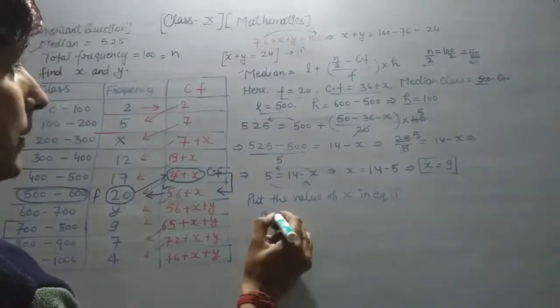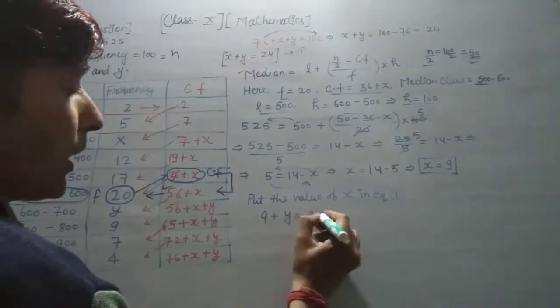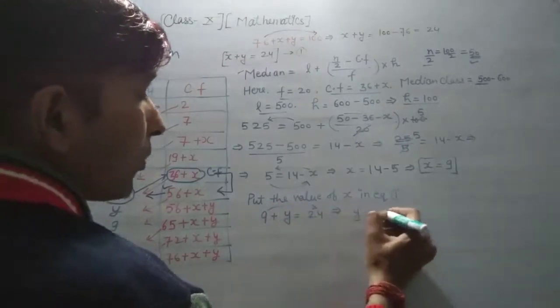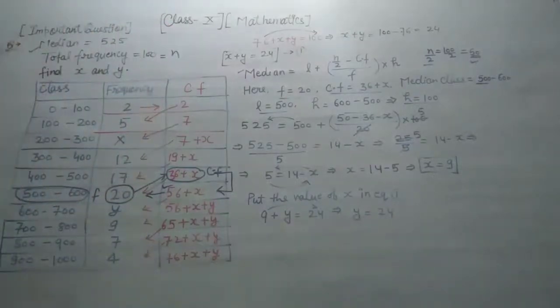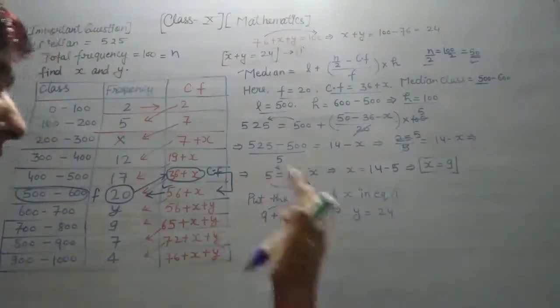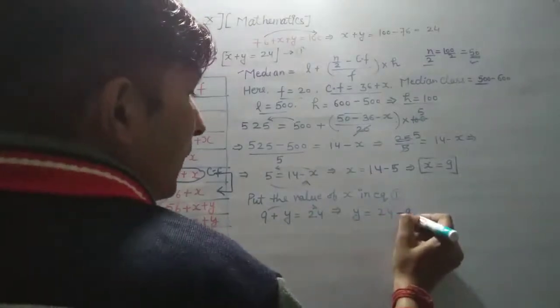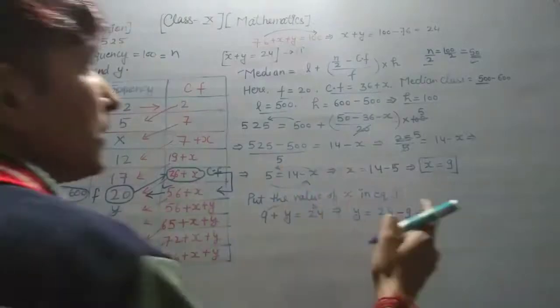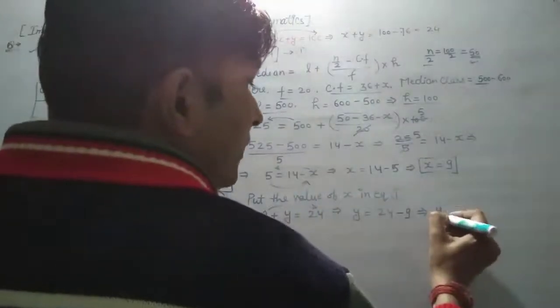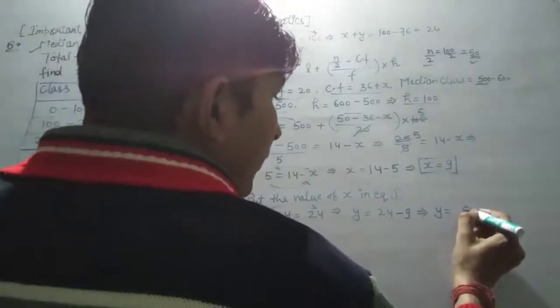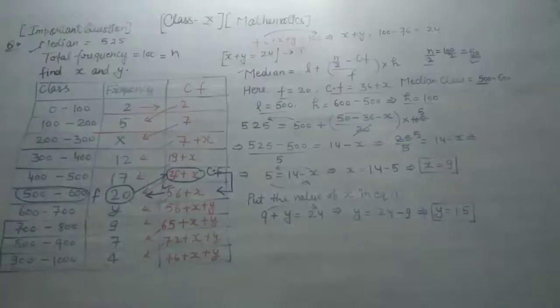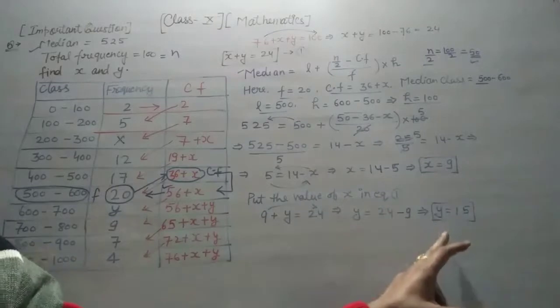So 9 plus y is equal to 24, and this value going there, and then y is equal to 24, this value is in the form of plus, so this value going there, that is converted into minus, so 24 minus 9, how much value you have? So y is equal to 15, so this value is going there, y, and then you get the value of y and x. So x is 9 and y is 15.